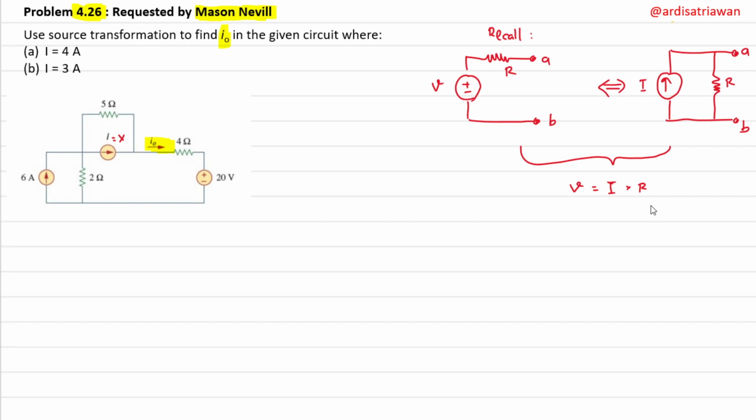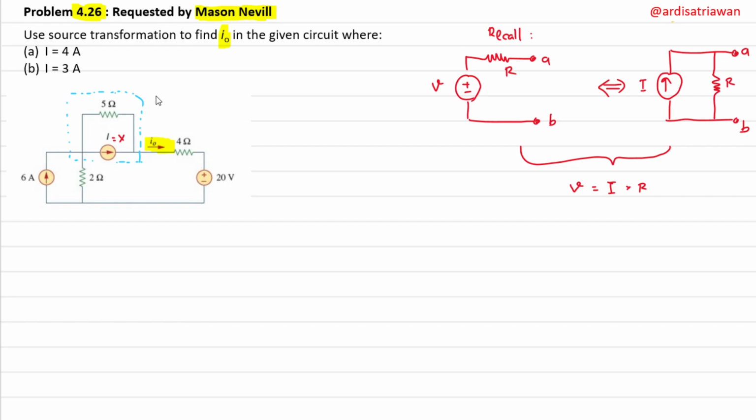Okay, so now let's change our color here. Let's use blue here, and I want to take a look at this part of the circuit. And if we see here, this is a current source in parallel with a resistor.